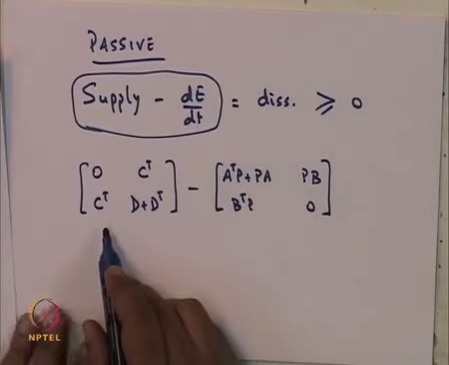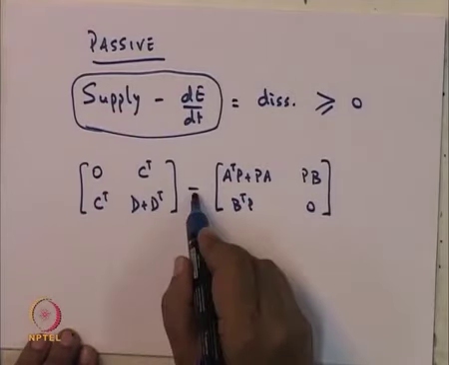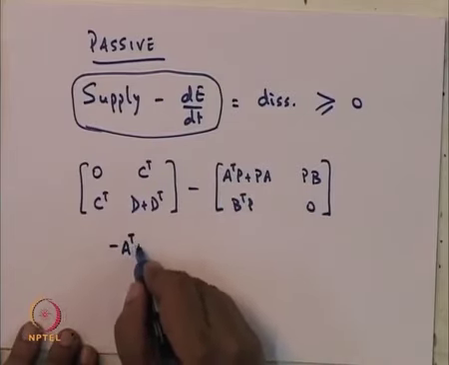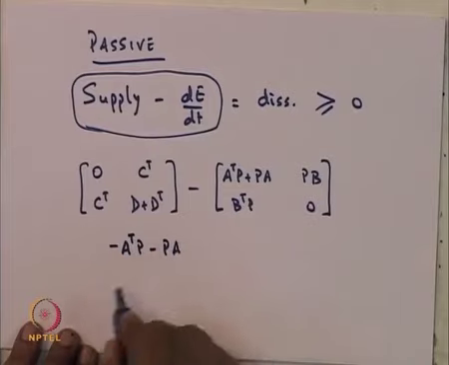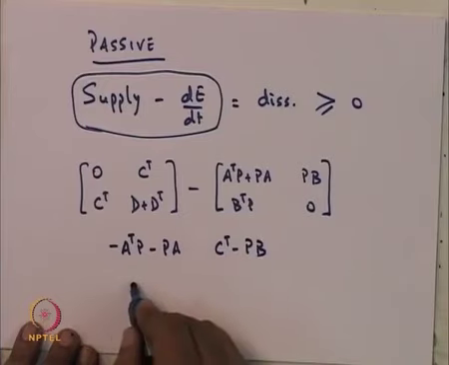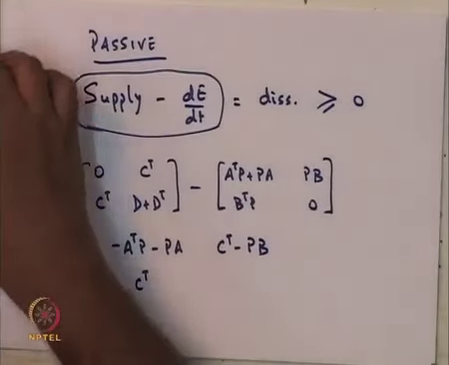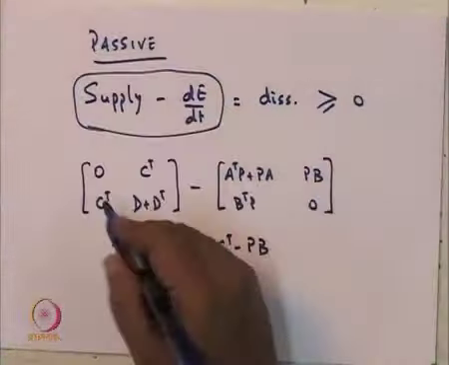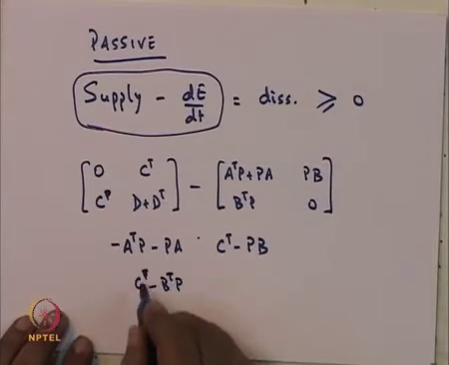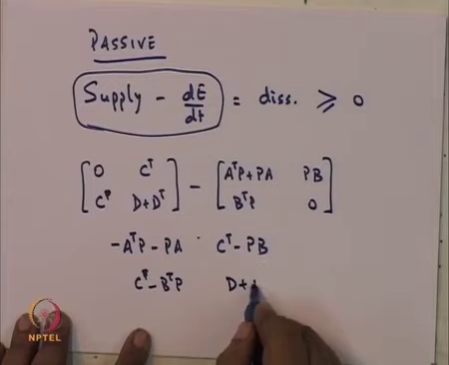Now, if you put this together, the first entry is going to be minus A transpose P minus P A. Then here I will have C transpose minus P B. Here I will have, not C transpose, the bottom one is C, so that was a mistake: C minus B transpose P, and here I have D plus D transpose.